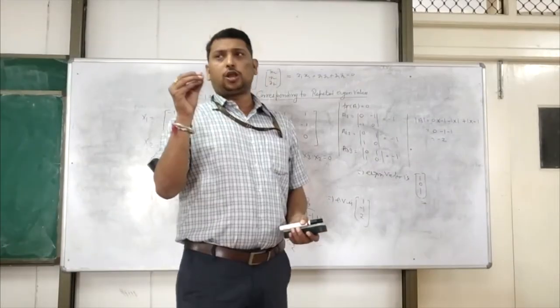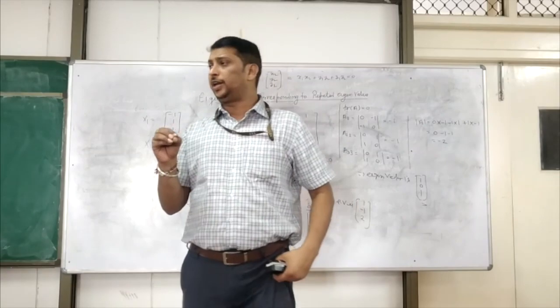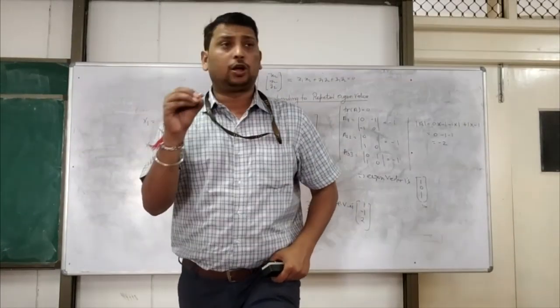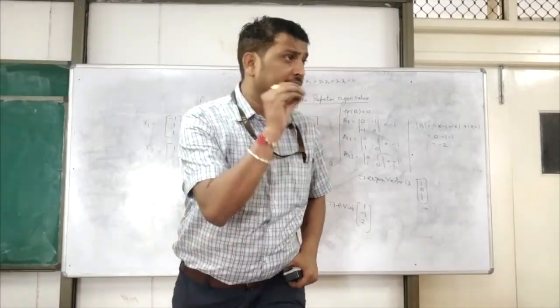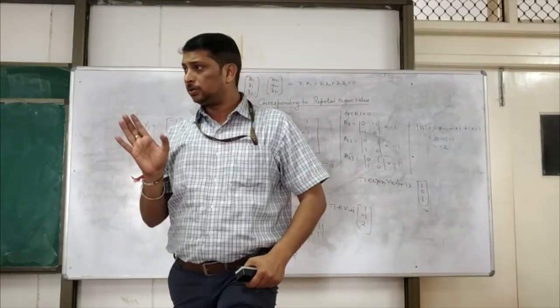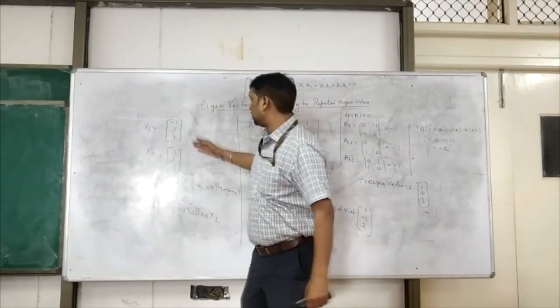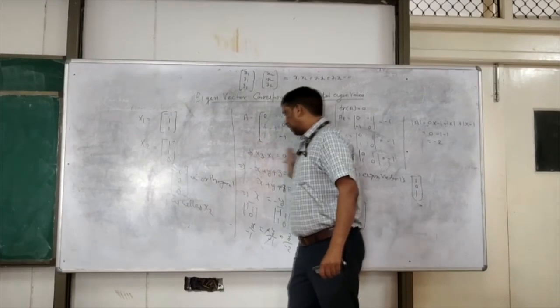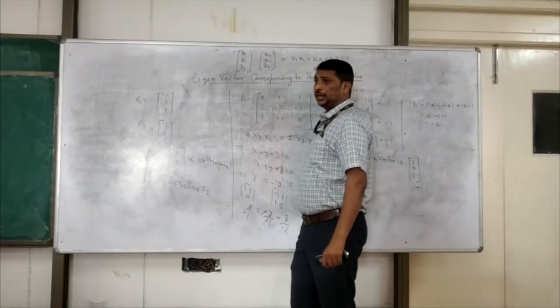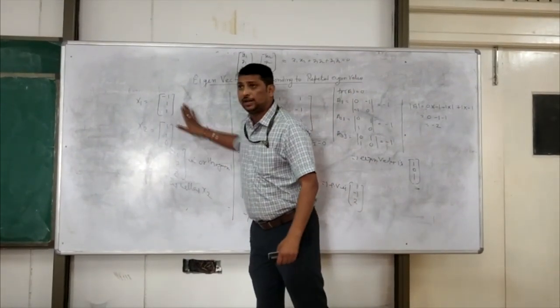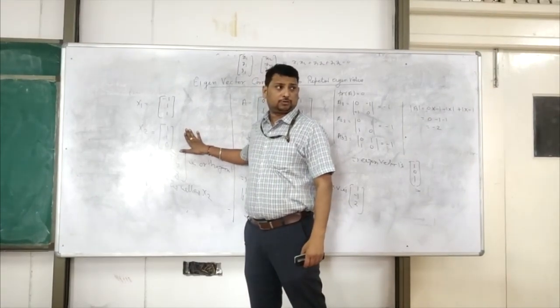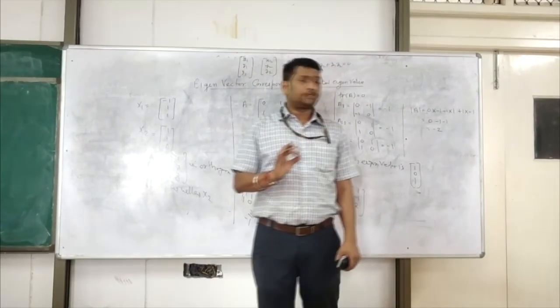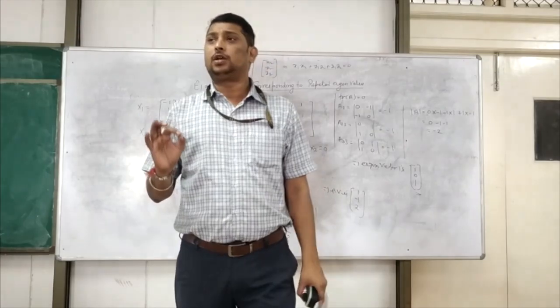So all three vectors we calculated, and all are orthogonal to each other. Already these two were orthogonal, and we calculated the eigenvector which is orthogonal to x1 as well as x2. All over? Any doubt? Any doubt to anyone?